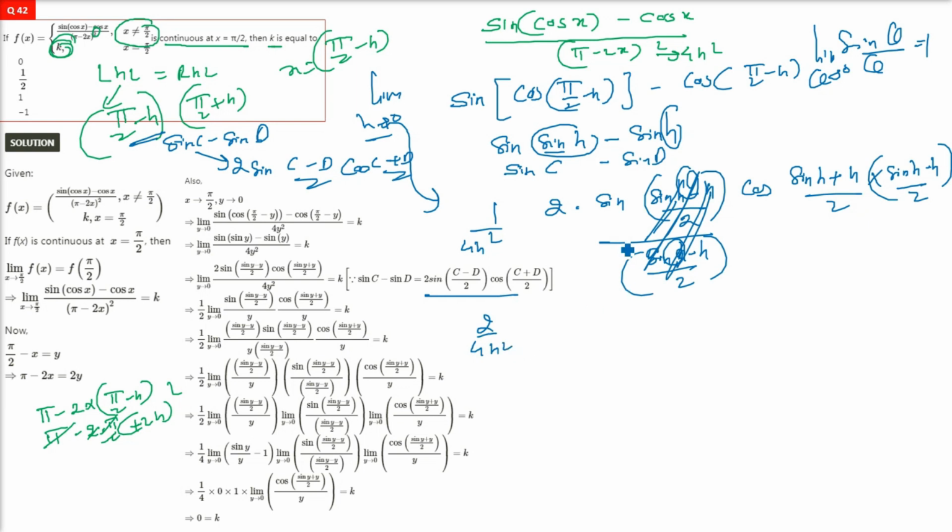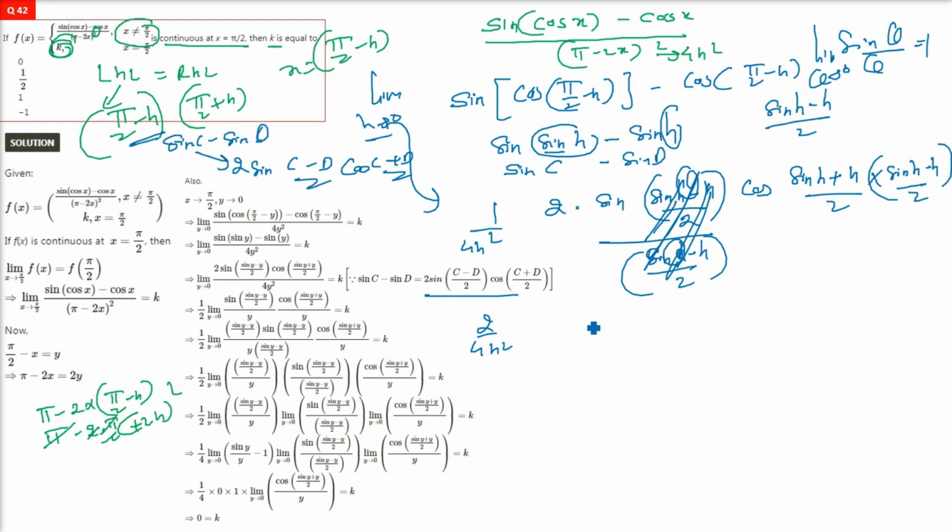You have cos((sin h plus h) by 2). So just leave it. Concentrate on sin h minus h by 2. You can always write it as sin h by 2 minus h by 2. But again we can apply sin theta by theta.